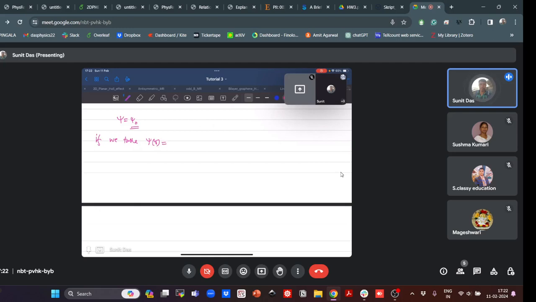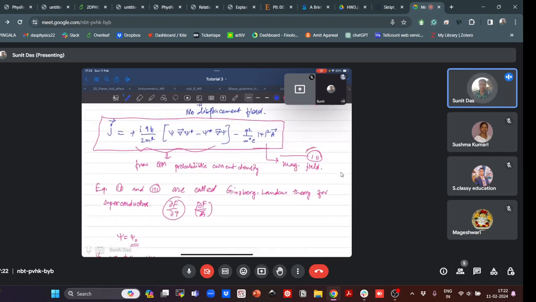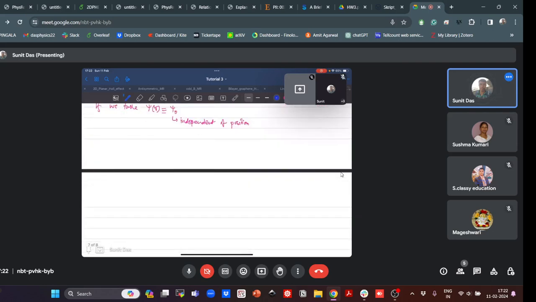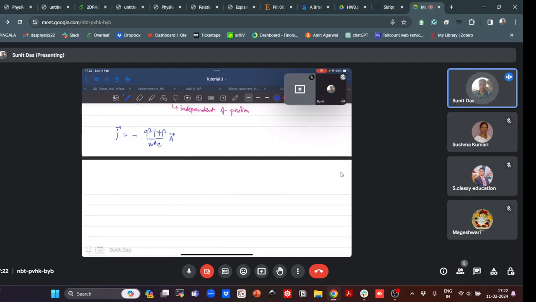So if we take psi of r equivalent to psi 0, independent of position, then from equation 3, we will have J equal to minus q square mod psi square by m star c, and a, because whenever psi is independent of r, grad psi equal to 0.